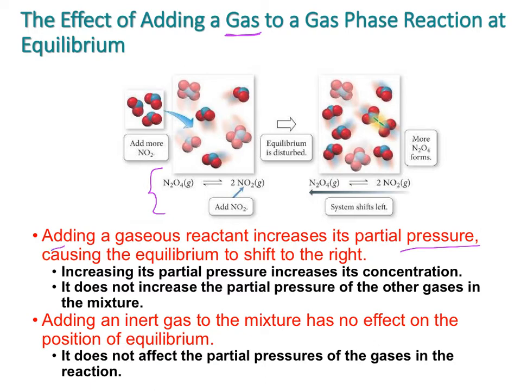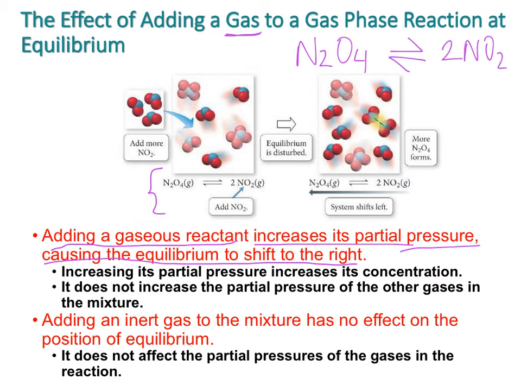Whenever you add gaseous reactant, this increases partial pressure. This will cause equilibrium to shift to the right. So again, we're looking at this reaction, and these are both gases. Let's say we increase the reactant, meaning N2O4.